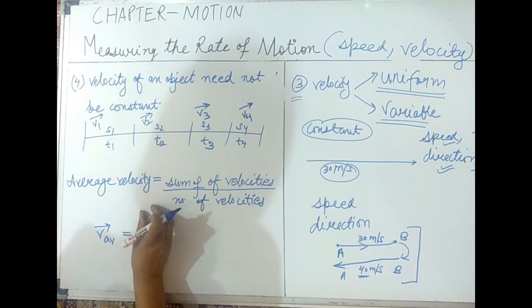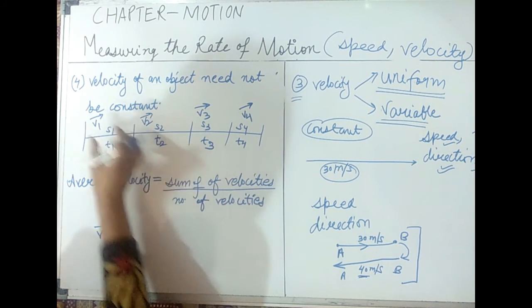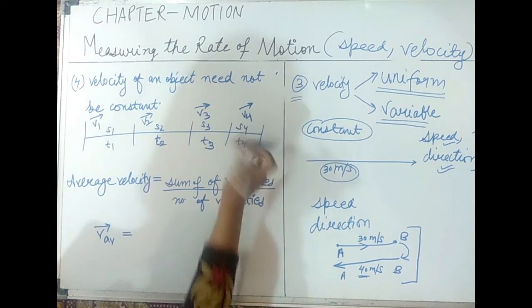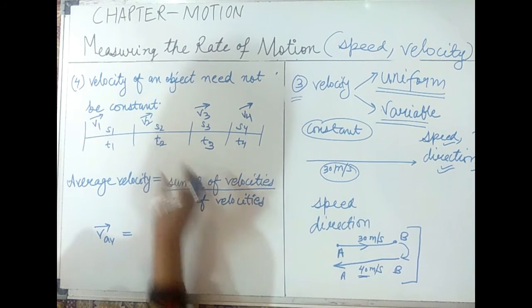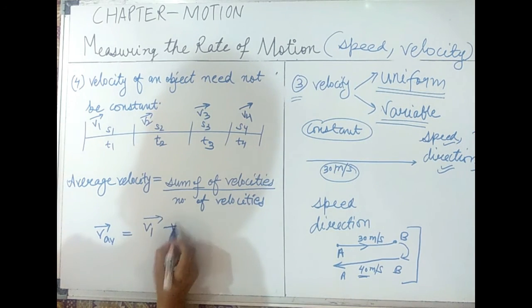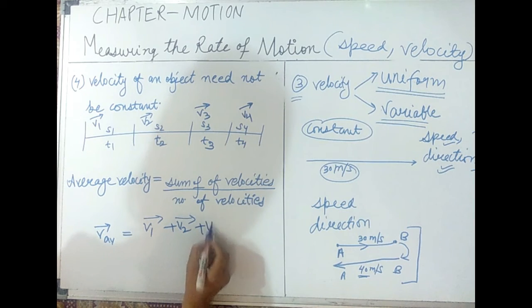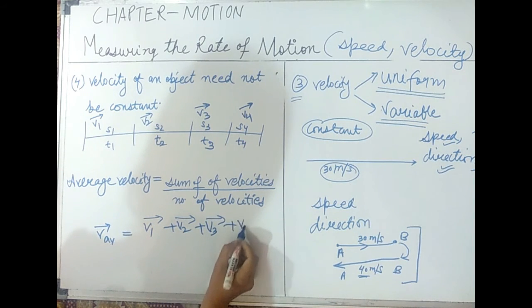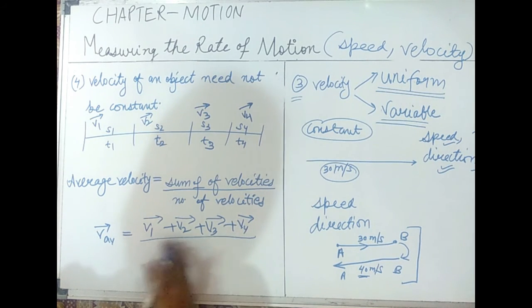How will we calculate average velocity? We will do the sum of all these velocities divided by the number of velocities. Sum of velocities v1 plus v2 plus v3 plus v4 divided by the number of velocities. How many velocities are these? These are 4 velocities.